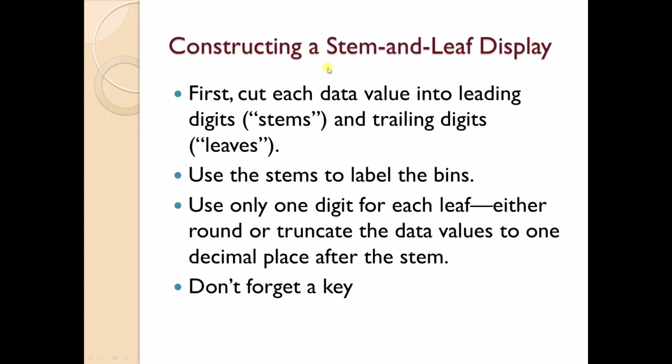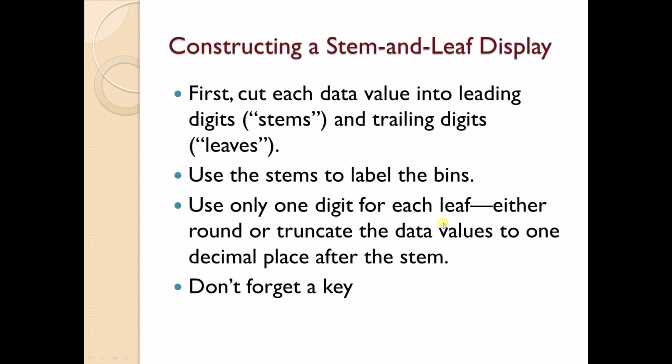All right, so constructing one of these things. First you cut each data value into leading digits, stems, and trailing digits, leaves. So it's called a stem and leaf display. You use the stems as a bin label, and you use only one digit for each leaf. So if it's 124, 1, 2 is the stem, and the 4 is the leaf.